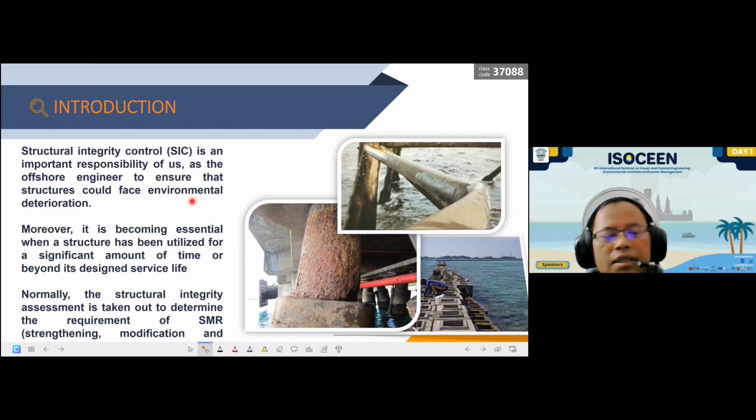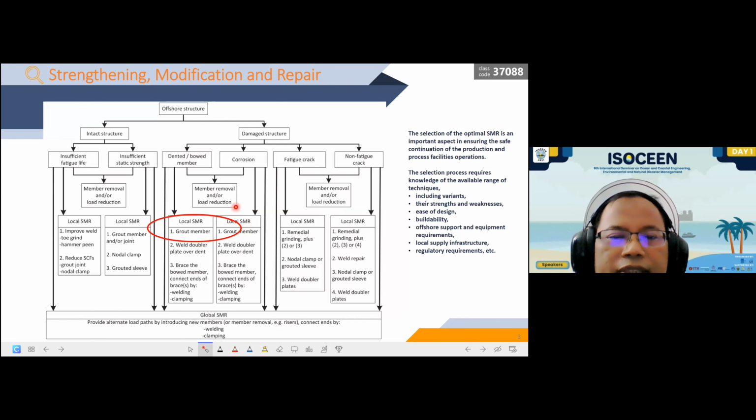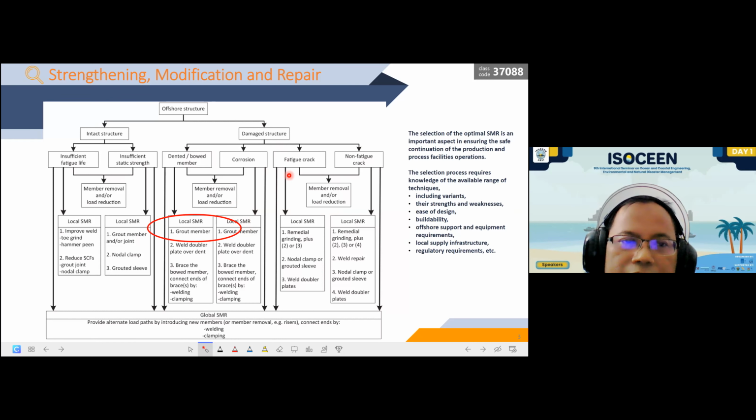We have some methods for modification, strengthening, and repair of damaged structures. As we can see in this picture, one of them is the grout filling method.